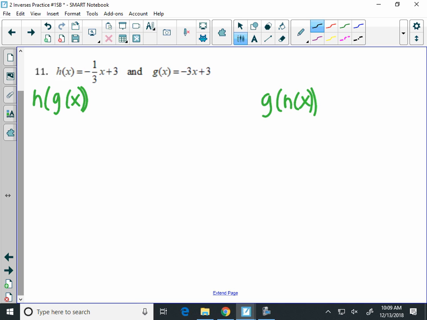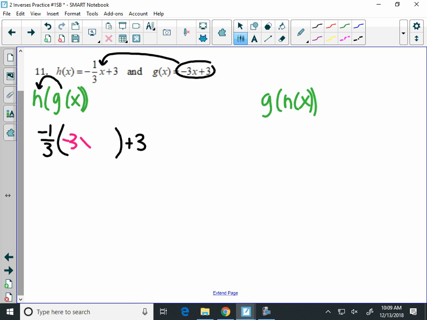So when I start here with h of g, I'm going to put the function of g into the function of h. Right, so I'm going to start with the function of h, negative 1/3, there's my x plus 3. And into the function here, I'm going to write g. To simplify, you're going to start by distributing the negative 1/3.